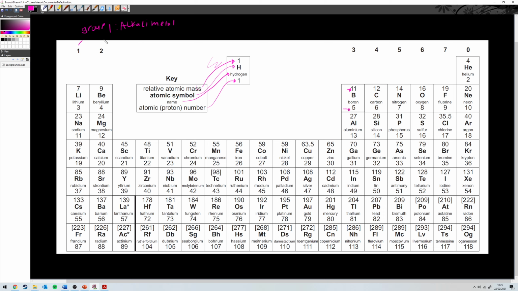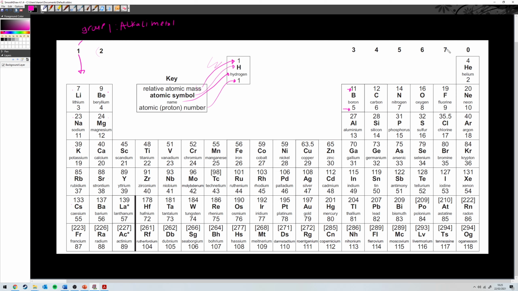You have to know that group 1, which is this group here, are the alkali metals. The elements in group 1 are lithium, sodium, potassium, rubidium, cesium, and francium. Group 2 is here. The elements in group 2 are beryllium, magnesium, calcium, strontium, barium, and radium. You get the idea, right? Group 2 are the earth alkali metals. You don't really need to know that, but it's good to know.